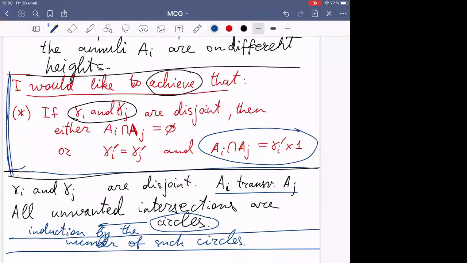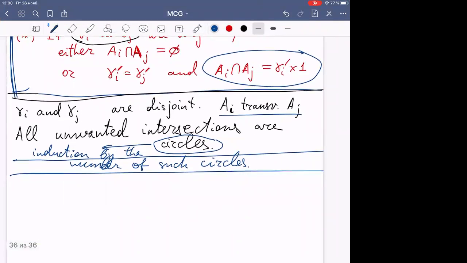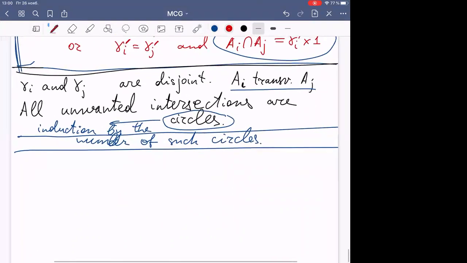Actually, I'm not precise here. I'm sorry. The situation is as follows. We have many curves, gamma_1, ..., gamma_k here.